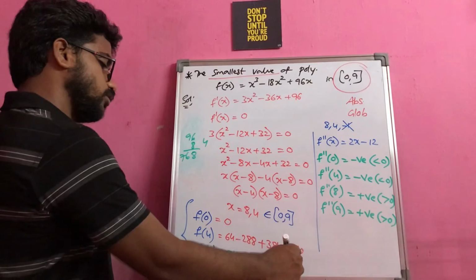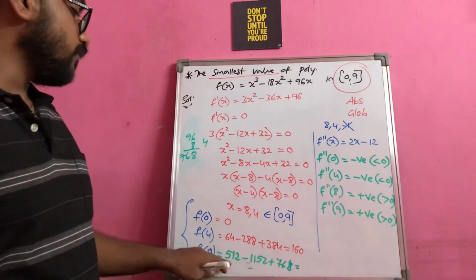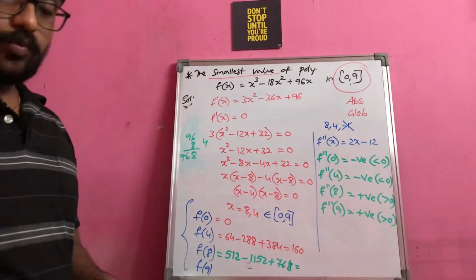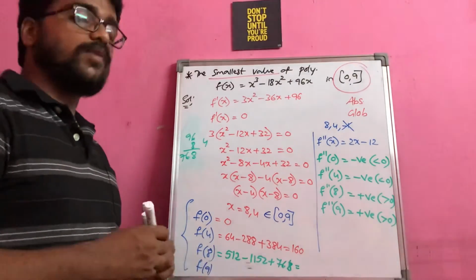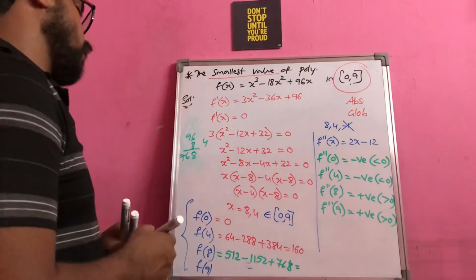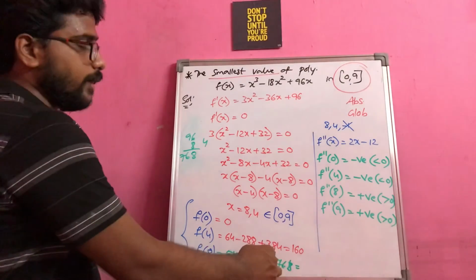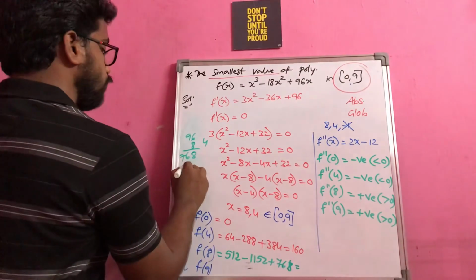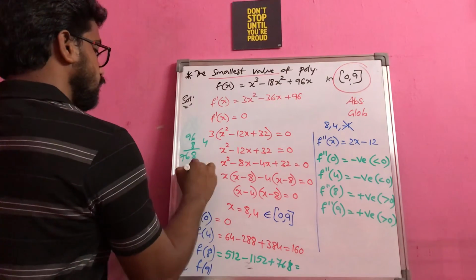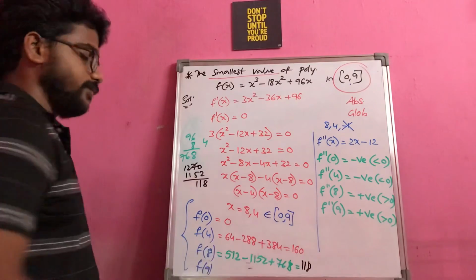Okay. So let us see how much we are getting. 768 plus 512 will give us 1280. So 1280 minus 1152. We are getting how much? 1280 minus 1152. We are getting 128.